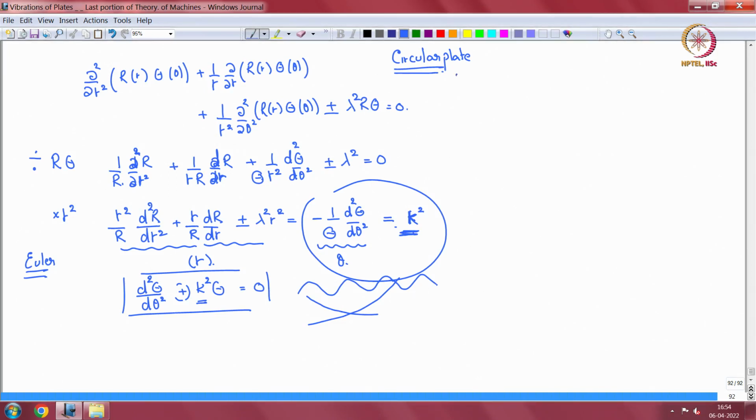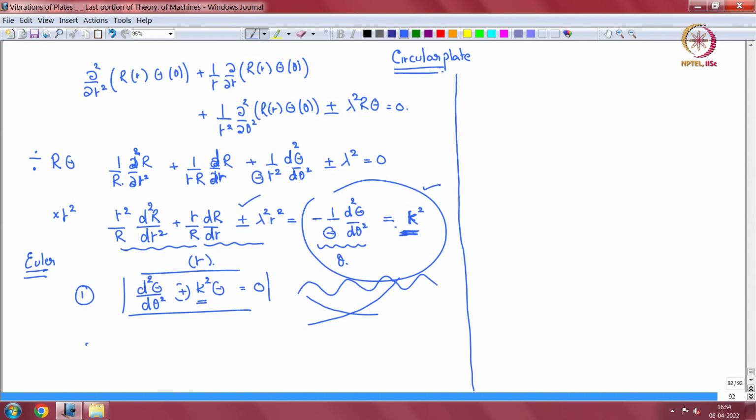Okay, so now the one equation has been figured out. Let's say it's 1. So what happens to the r part? The r part we again divide by r square, because it's now this term and that term. What do we get?